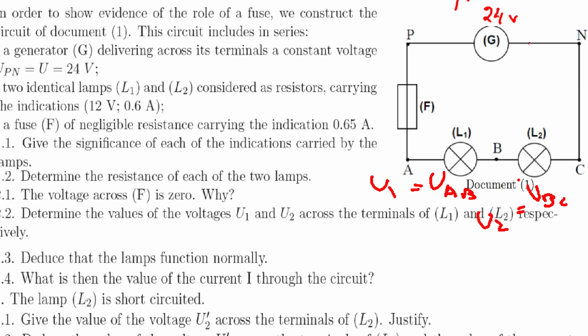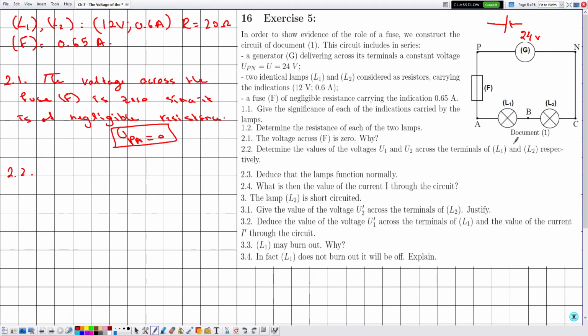Now we know that the law of addition of voltages yields a linear equation in one unknown. In this case we have two unknowns, UAB and UBC, but using the fact that the two lamps are identical, it's sufficient to determine the voltage UAC, and then divide it by 2, which equals UAB and UBC because they are identical lamps.